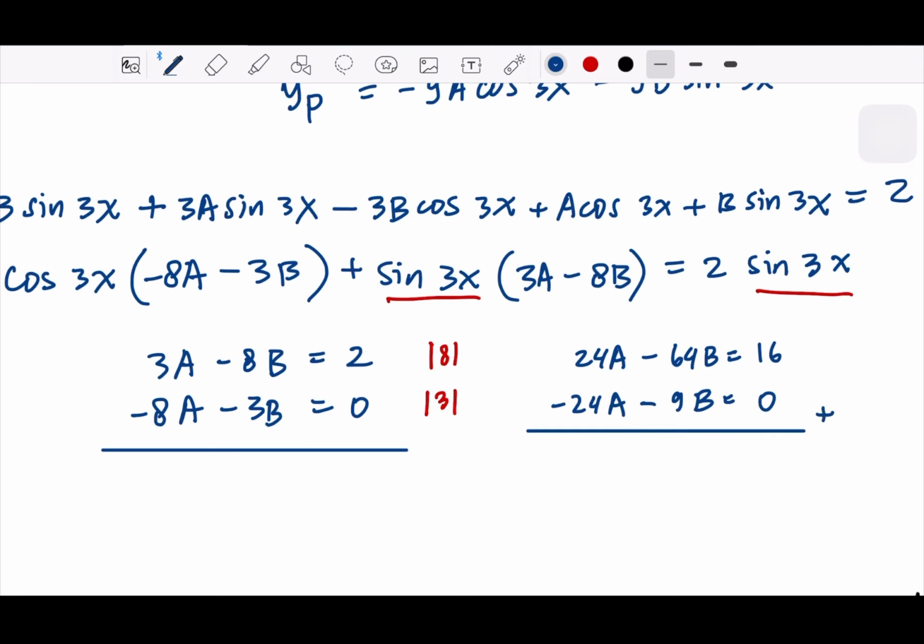So we cancel the a, we have equals 16. B is negative 7/3 over 16.